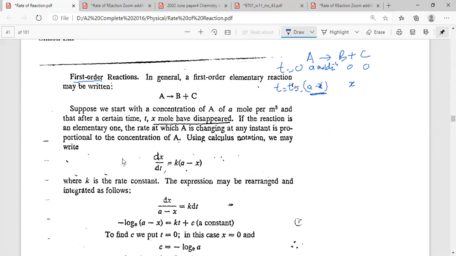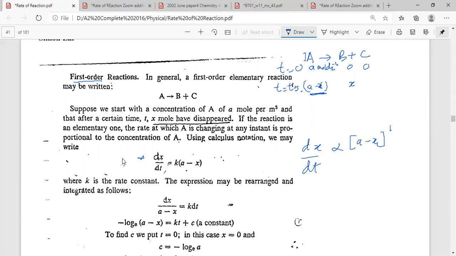So I can say that dx, the increase in products over time, is proportional. So dx over dt is proportional to the concentration of A minus x to the power of 1. The power is 1 because we assume this is elementary.